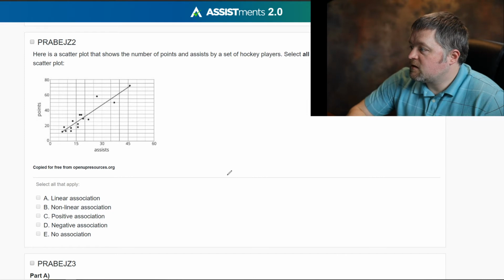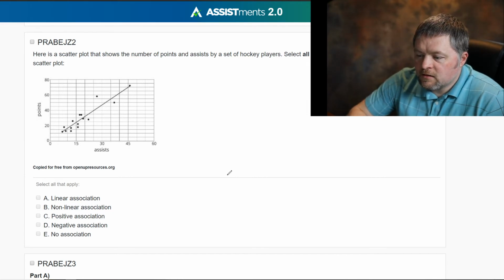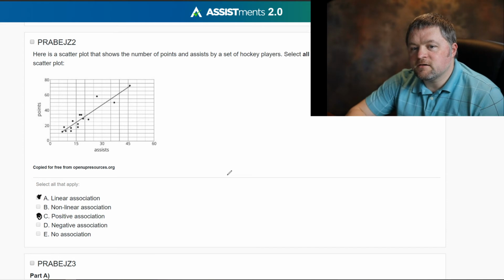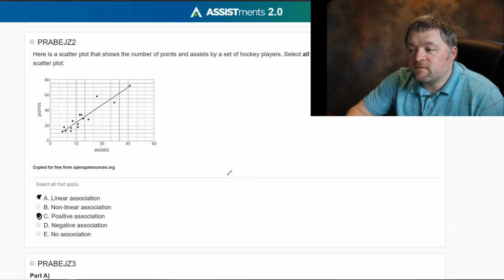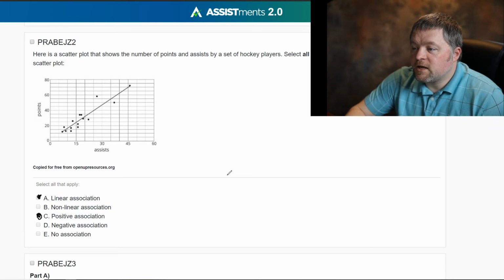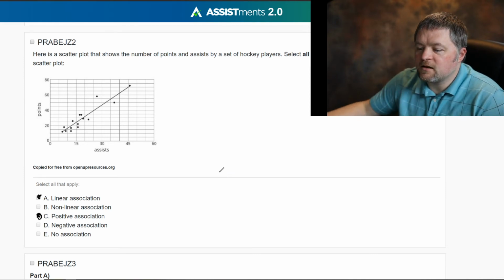Okay, select all of the following that describe this. That would be a linear association and a positive association. Quick explanation of that. If the data can be approximated by a line, it is linear, and the slope on this line is positive. Linear and positive.